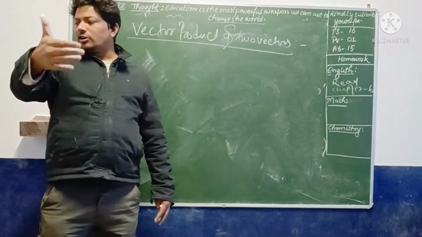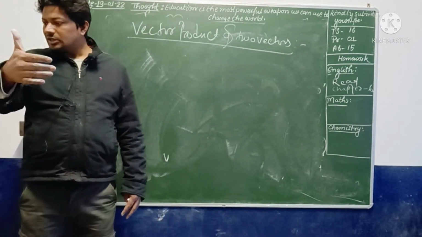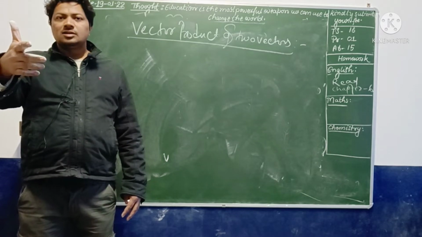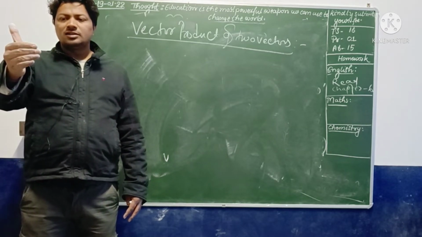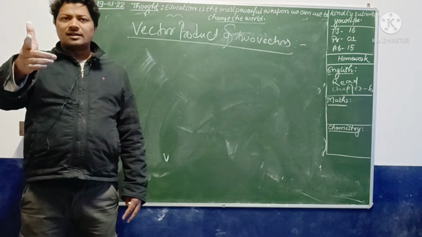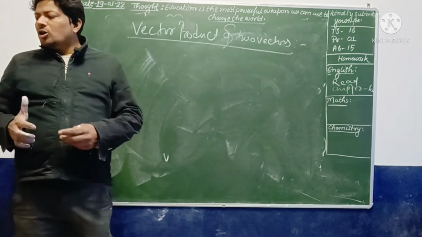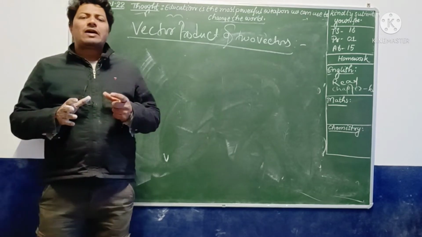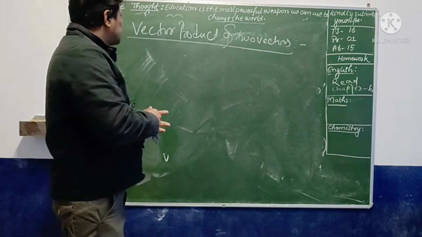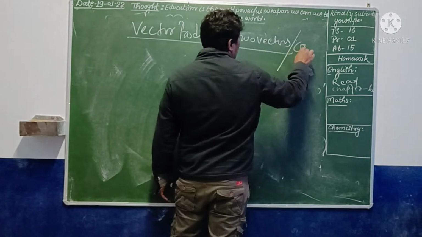So if you can go for this one, is it clear? One vector is in, and if you can curl it, pointing in that direction, it will show the vector B. So if you talk about the vector product, it is simply known as the cross product also.